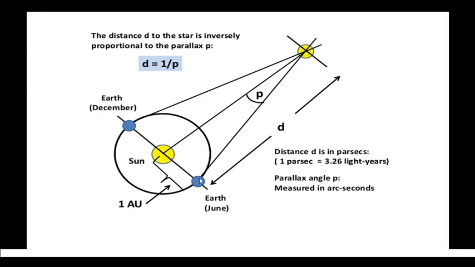See, the earth is here, so the month is June and we are watching the star like this. And during December, the earth is here and we are watching the star again from here. So you know that this is one astronomical unit. And D, what is D? D is the distance to the star. And we are going to measure the star's distance using this method. So stellar parallax is a measure of a star's distance.